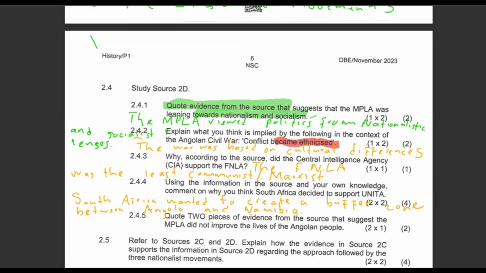Remember, the apartheid government did not like communist ideologies coming into Namibia or South Africa.